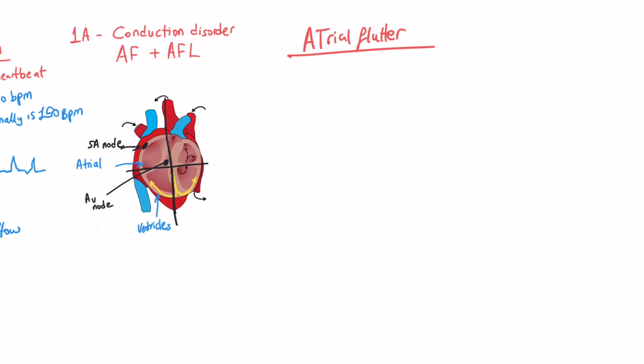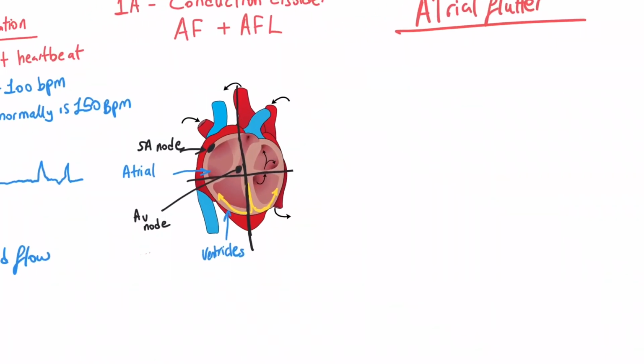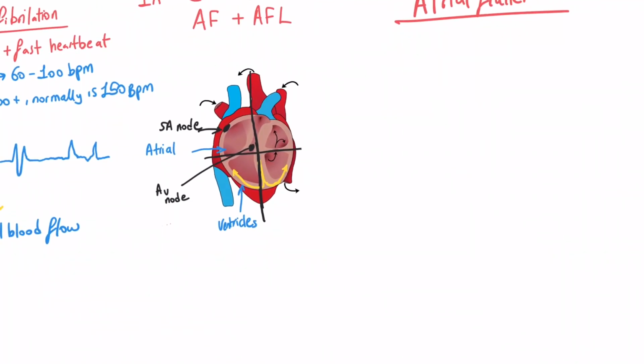So going back to this illustration, let's zoom in. The normal signal should go from the SA node, through the AV node, and down the bundle branch. So it's a simple flow. But with atrial flutter, the electrical activity is much quicker in the upper chambers, which are the atria.